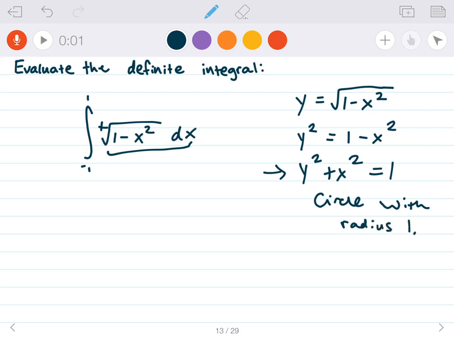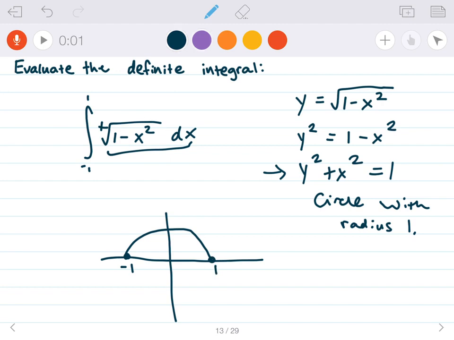But since we're only given the positive value of this, it's going to be a semicircle that has radius 1 centered at the origin. So this picture, and you could use Desmos to look at this if you wanted to, looks like this. That's a terrible semicircle, but that's what it is, all right? It's centered at the origin, and here's -1, and here's 1. My radius is 1.